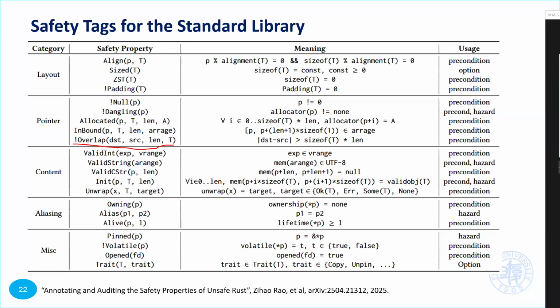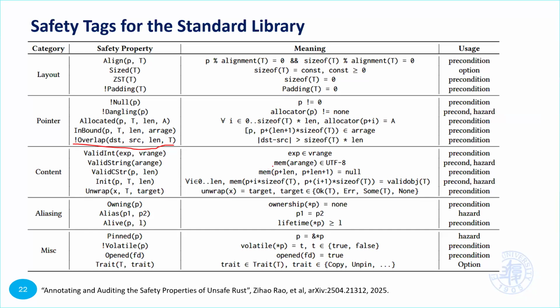But the things which refer to stuff happening in memory seem to presuppose that you have some model of what memory looks like. And that's of course in Rust in general, the Rust operational semantics team is still deciding on how those things will look.